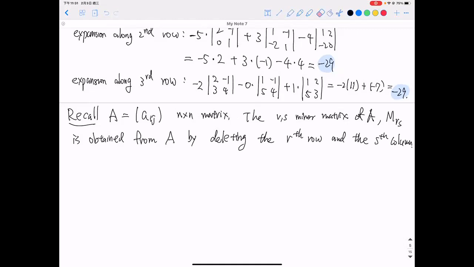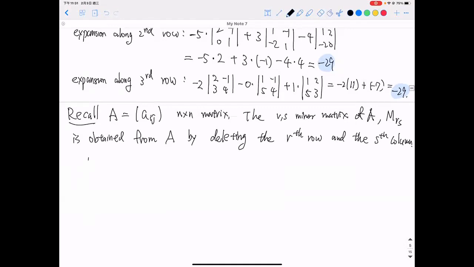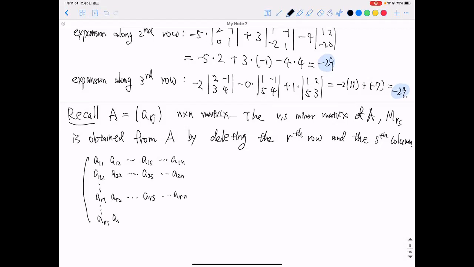Okay, so if A is written out explicitly like this, A11, A12, A1s, A1n, A21, A22, A2s, A2n, Ar1, Ar2, Ars, Arn, An1, An2, Ans, Ann.